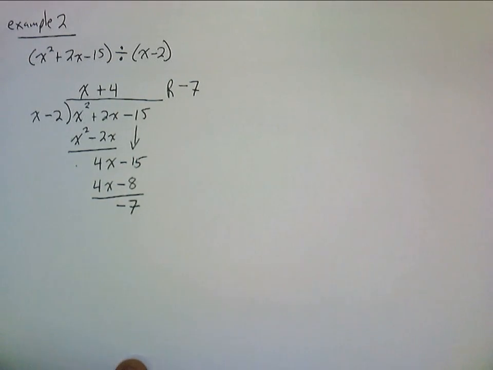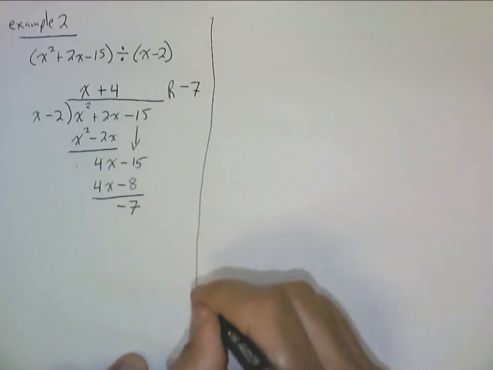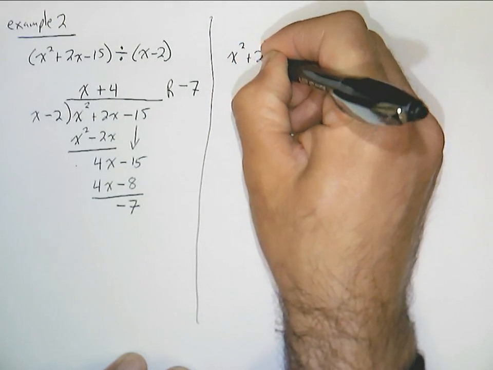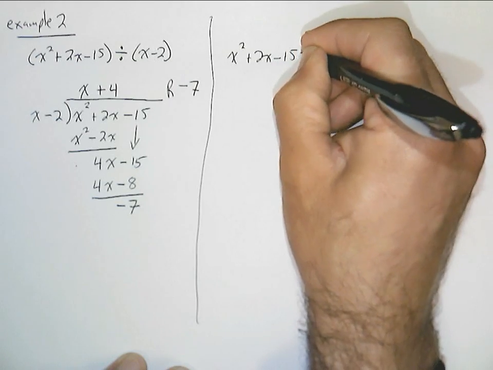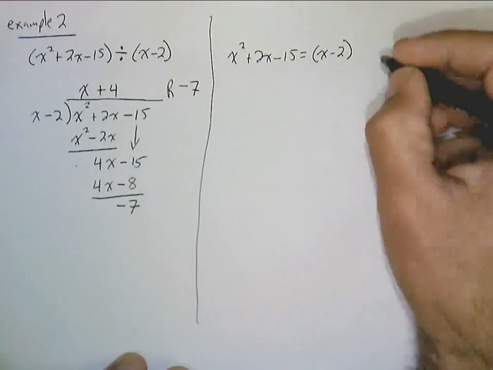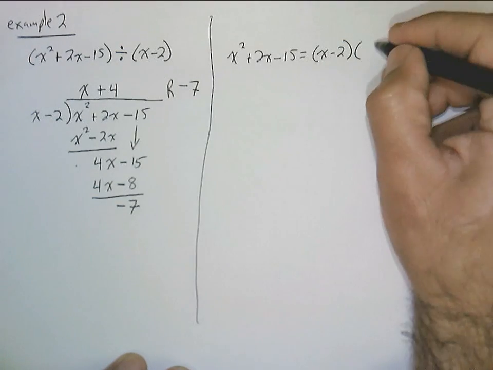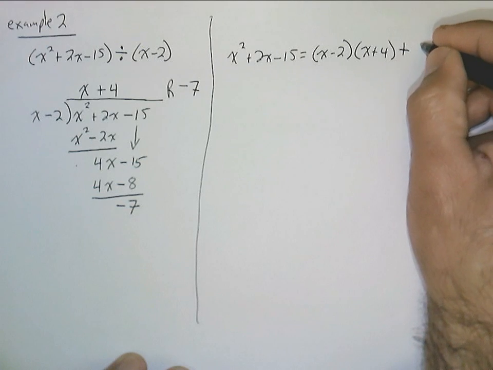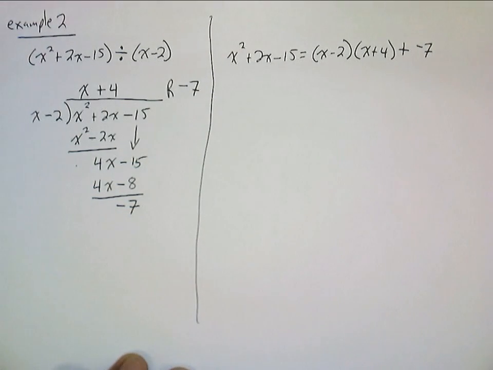So what is this actually telling us? What it's telling us is that x squared plus 2x minus 15 is actually equal to the divisor, which is x minus 2, times the quotient, which is x plus 4, plus the remainder of negative 7.